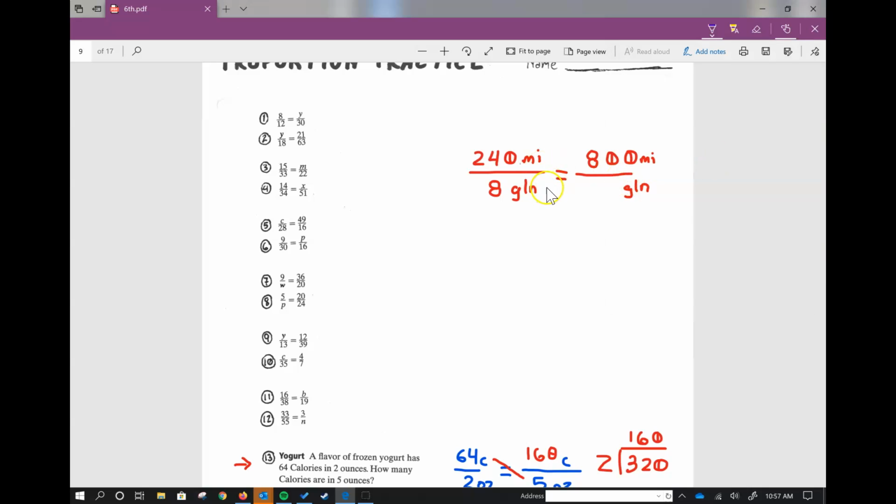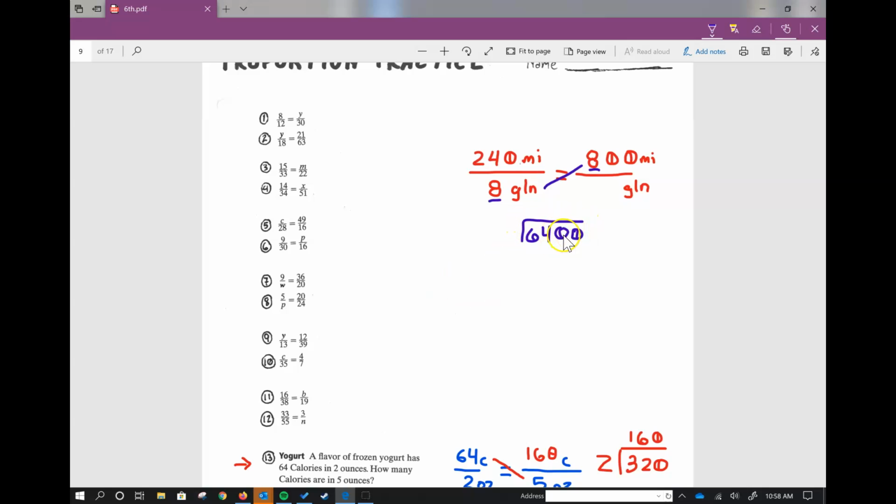All right, so let's go ahead and work through this problem. What is our diagonal? We have 8 multiplied by 800. Well, what's 8 times 8? That's 64. And then we just put the 2 zeros behind it. So 8 times 800 is 6,400.